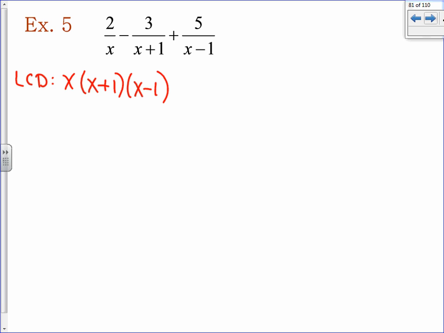So this will get a little squished when I write it out, but the 2 needs an x plus 1 and an x minus 1. Okay, it's super squished. Maybe I'll just rewrite.